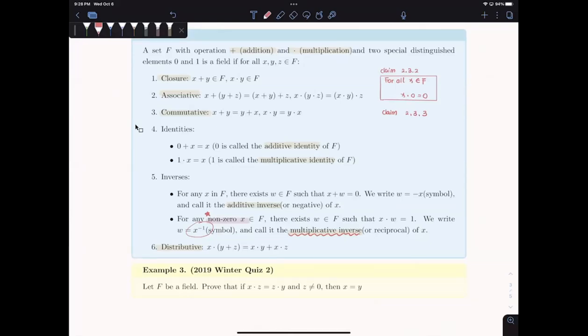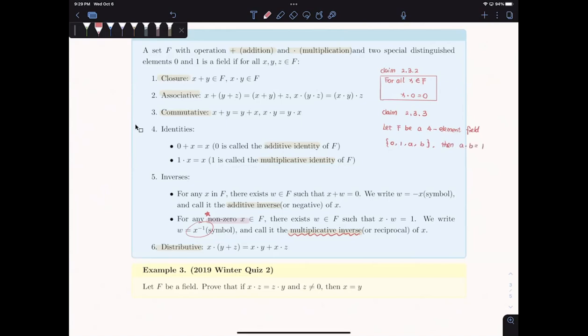So let's say let F be a 4 element field. So F is like 0, 1, A, B. Then AB equals to 1.